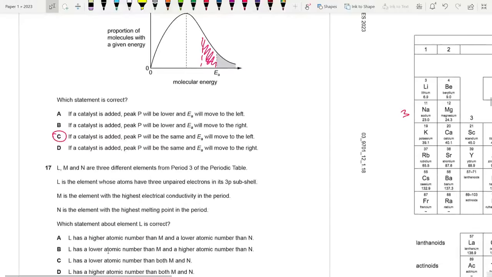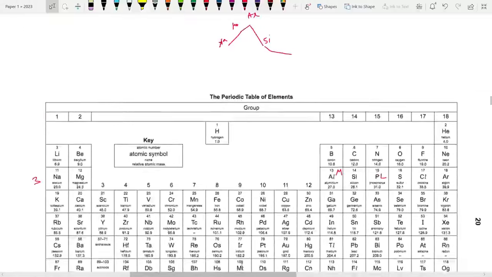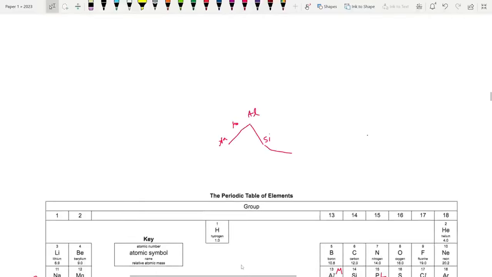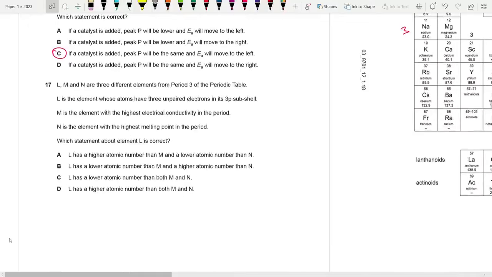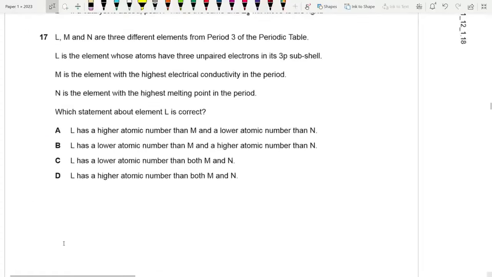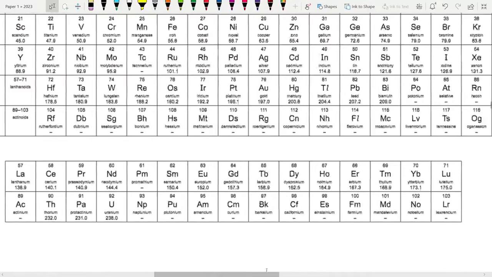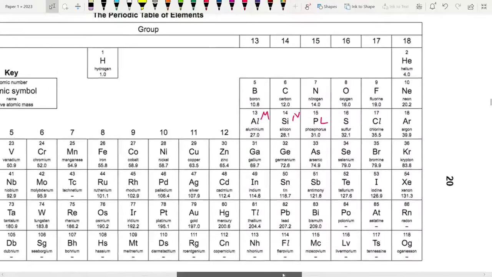And N has the highest melting point. So what's the graph for highest melting point? Sodium is pretty low, then we have magnesium, then aluminium, and silicon is the highest, then we have phosphorus and the others, okay? So yeah, it's silicon, LMN. Silicon is this, okay. So what do they want? Which statement about L is correct? About L, phosphorus.